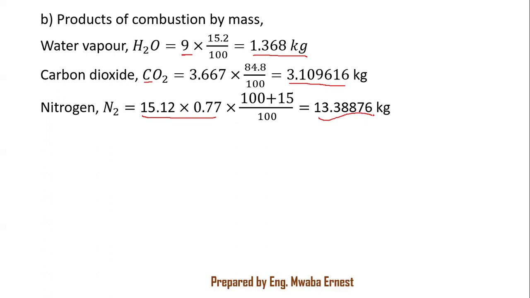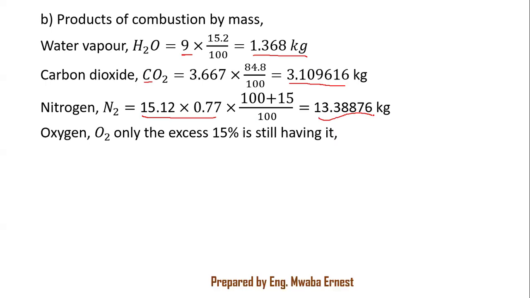The combustion is complete, meaning that we're supposed to end up with 0 kg of oxygen. But unfortunately, in this combustion process we were given 15% excess air. So from that 15%, we'll go back to the oxygen that we calculated. We calculated that the oxygen needed is 3.477616. So what is 15% of that?